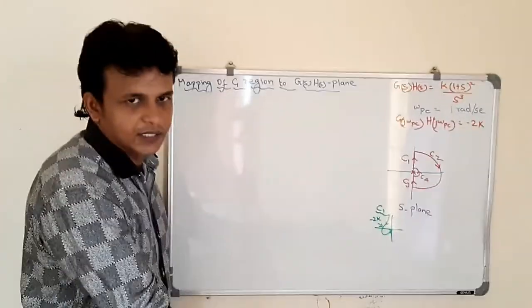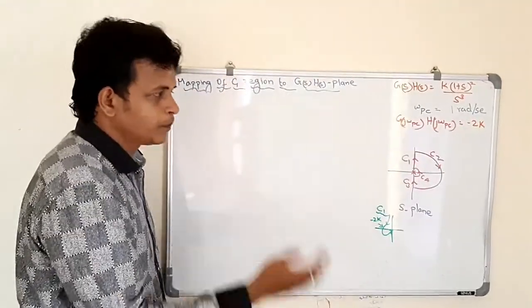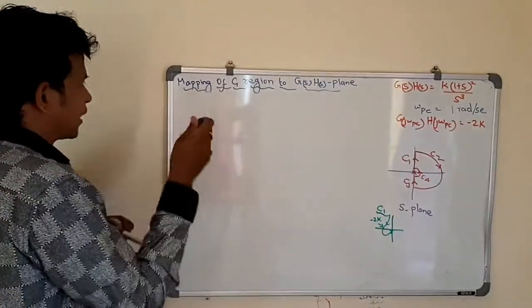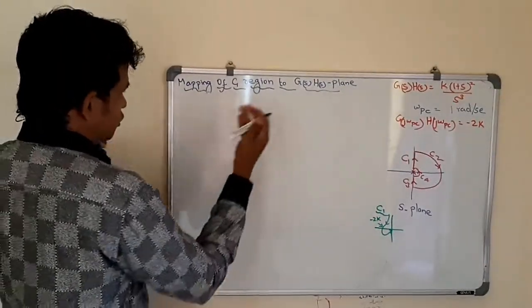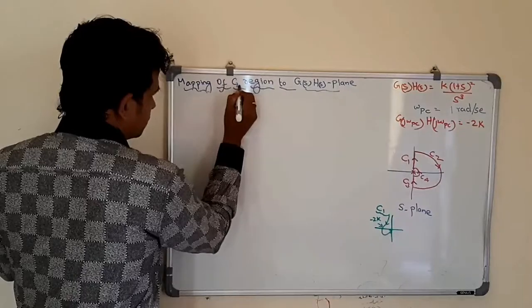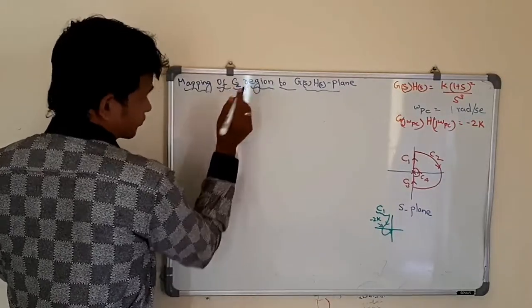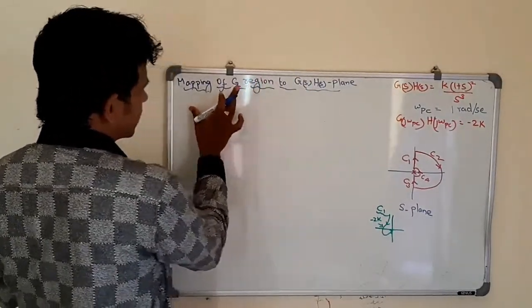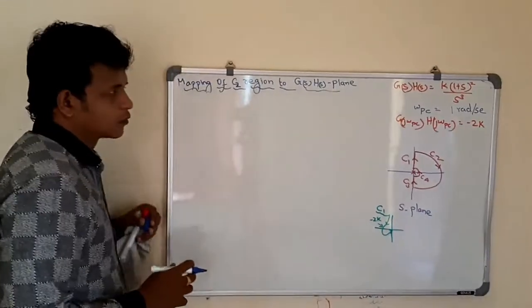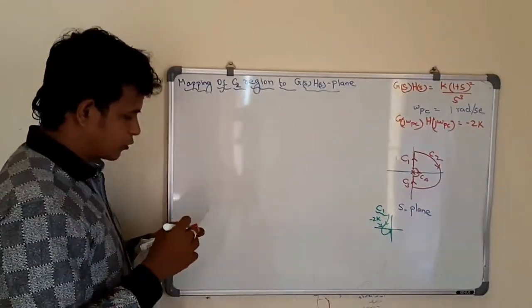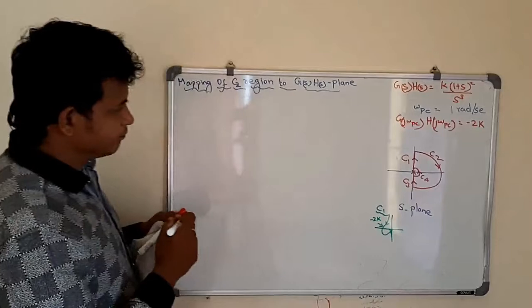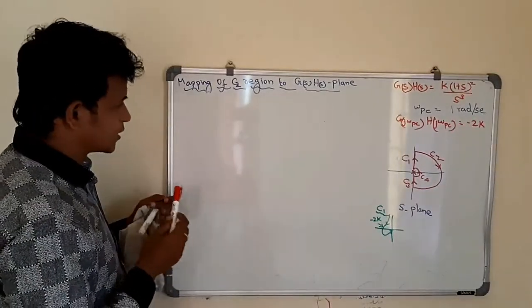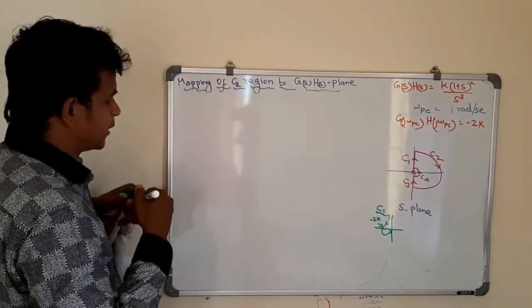And with this, I am going to make an assumption. Now I am going to map region C2 to GSHS plane. Now it is an arc with radius infinity, and it is varying from plus pi by 2 to minus pi by 2. So I am making an assumption here.